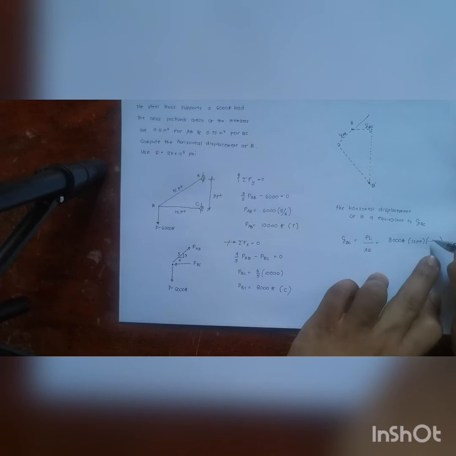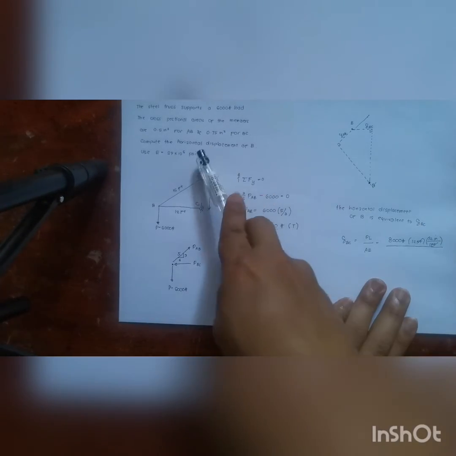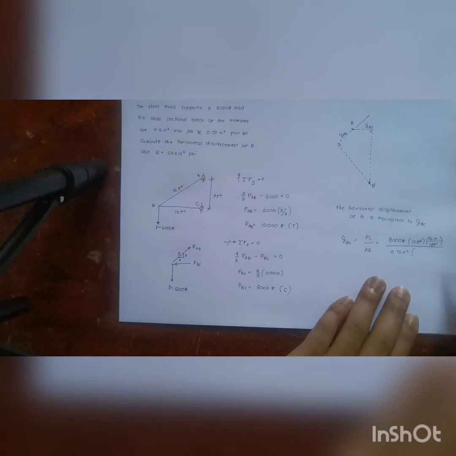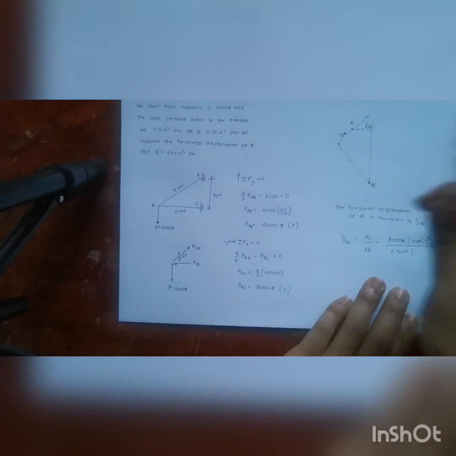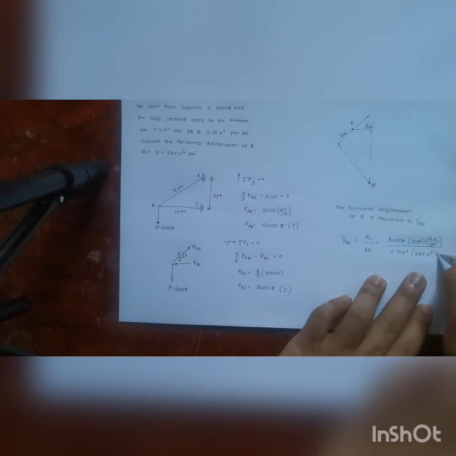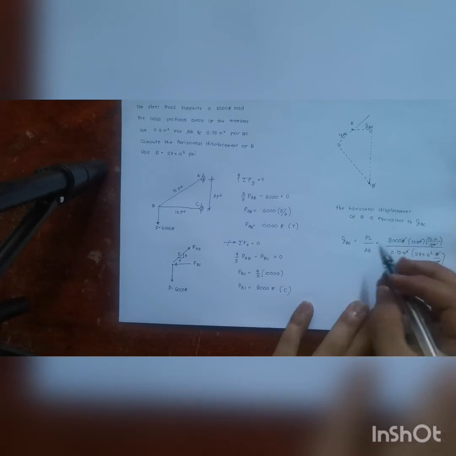Gawin natin inches, that is 1 foot is to 12 inches. Cancelled na. Over the area of member BC is given in the problem, 0.75 square inches multiplied by the modulus of elasticity, 29 times 10 raised to 6 PSI or pounds per square inch. Cancelled yung pounds, cancelled yung square inches, ang unit will be in inches.